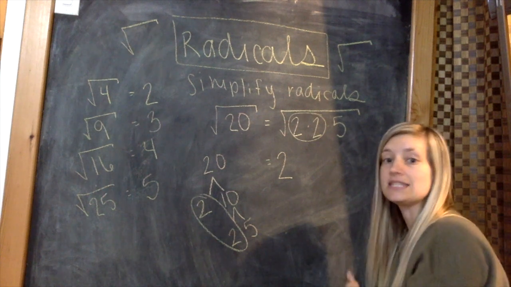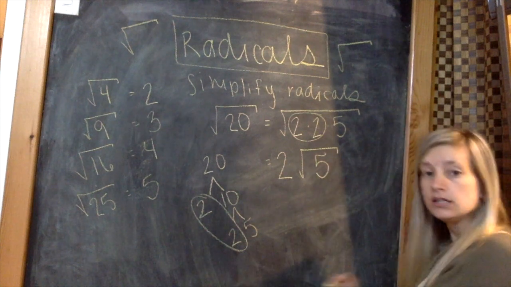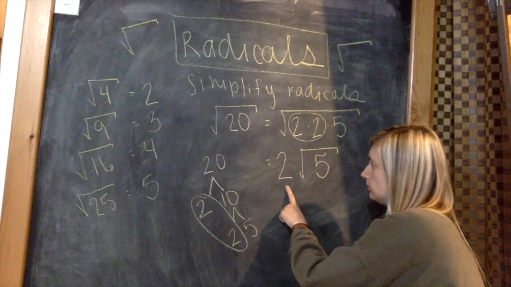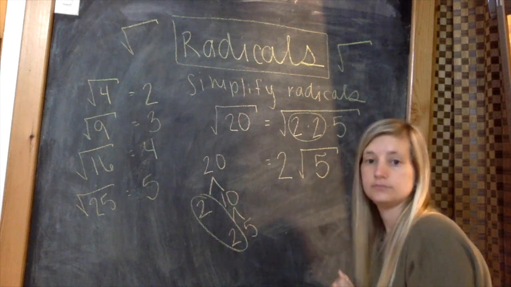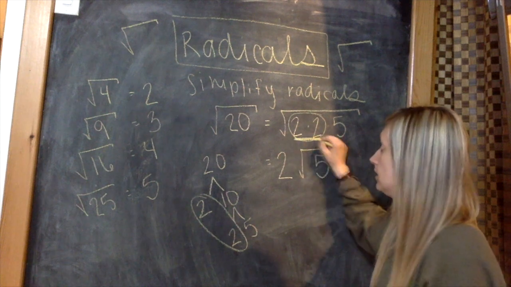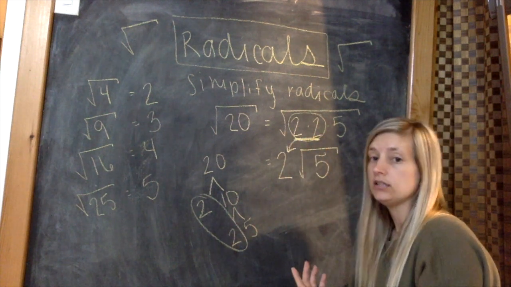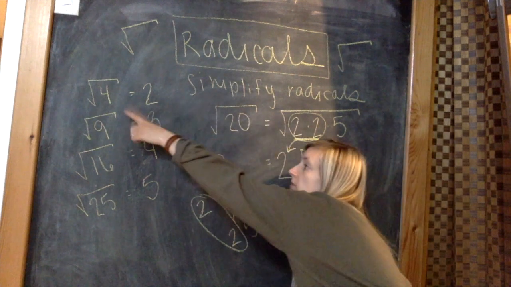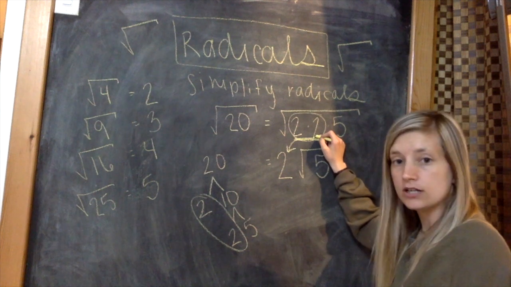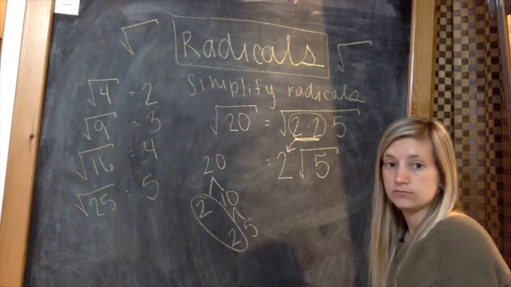So that means it's stuck underneath. So the square root of 20 simplified is 2 square root 5. So again, you're just taking the pair and it becomes 1 out front. The reason it becomes 1 is because 2 times 2 is 4, but the square root of 4 is 2. So rather than multiplying it together and then taking the square root, just make it 1 out front.